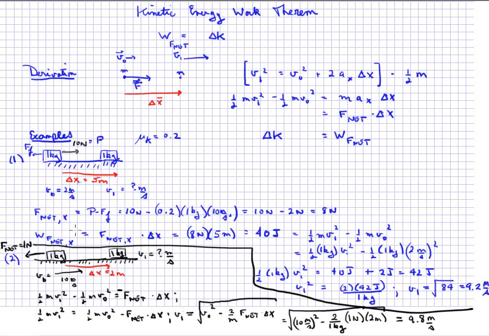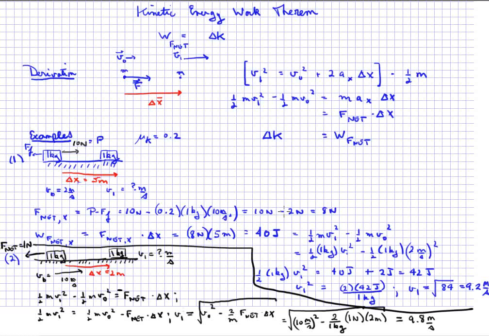Okay, so let's first of all calculate what F net is. F net is P minus F sub F. For bookkeeping purposes, we're assuming that the right direction is positive. And so that would be 10 newtons minus the frictional force, which is going to be the kinetic coefficient of friction times the normal force, but the normal force is just the weight in this case. So it's going to be 10 minus 0.2 times 1 times 10.